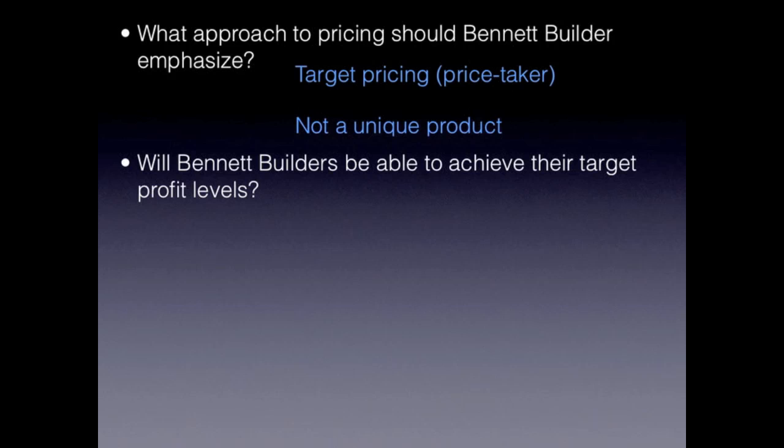Will Bennett Builders be able to achieve their target profit levels? Well, to do this, we're going to take the market price of similar homes, which they tell us is $200,000 because we're a price taker. So we have to take the market price from the price setters, which is $200,000, and we're going to subtract our target profit. And they tell us that our target profit is 15% of our cost.